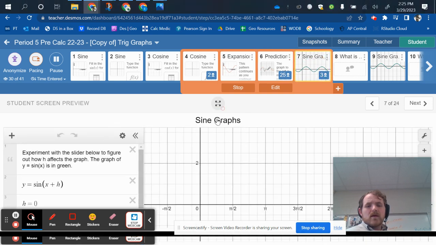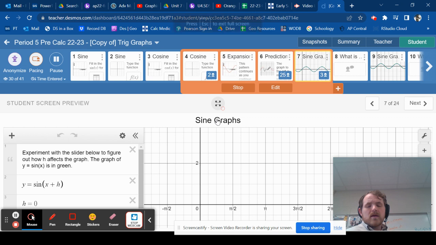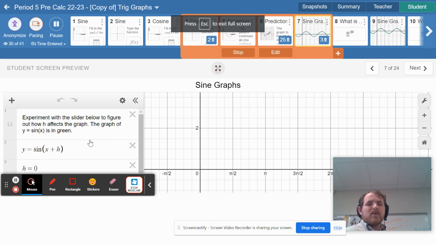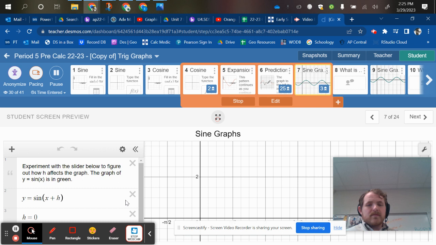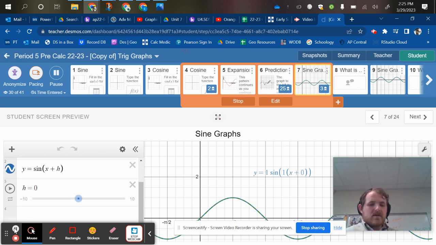Play around with the slider for just a second. Again, that h is on the inside and it's affecting how we shift the graph. Well, let me pause.